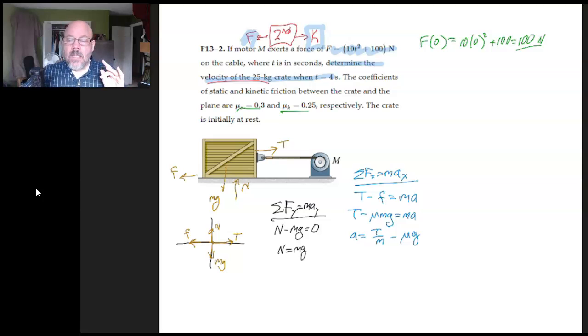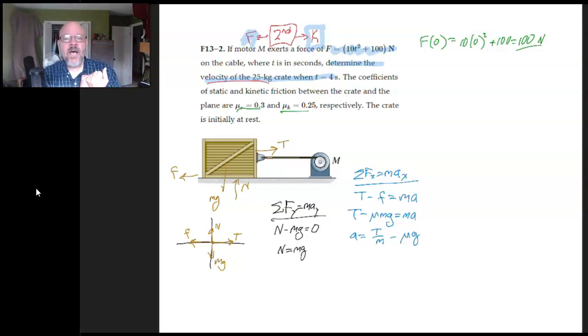Let's pretend for just a second that we couldn't move it. We're pulling 100. It's not moving. But our force is going to go up with time. So maybe we can't move it right away, but after a few seconds, maybe then we got enough force to move it.